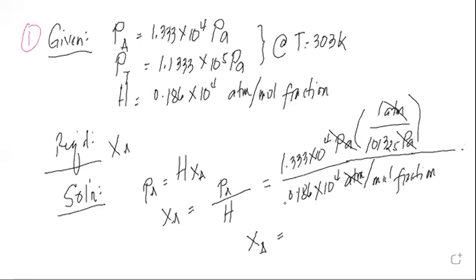What's the value for XA? If you're going to solve for this, the XA value is 1.333 times 10 to the 4 divided by 101,325 divided by 0.186 times 10 to the 4, and that would be very small.